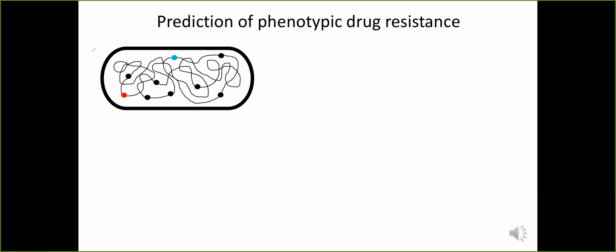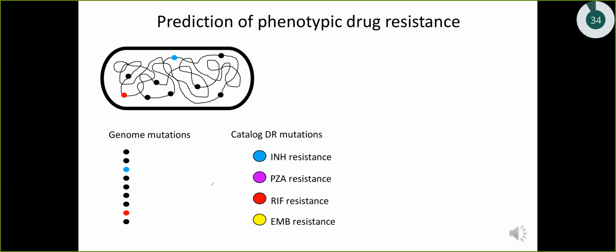So now what we want to do is we have the bacteria. That bacteria has a chromosome, so it has a genome. And we want to analyze this genome and find all mutations of this bacteria. Then we collect all the mutations that bacteria have. And now we can compare all the mutations to these catalogs that we have been talking about.